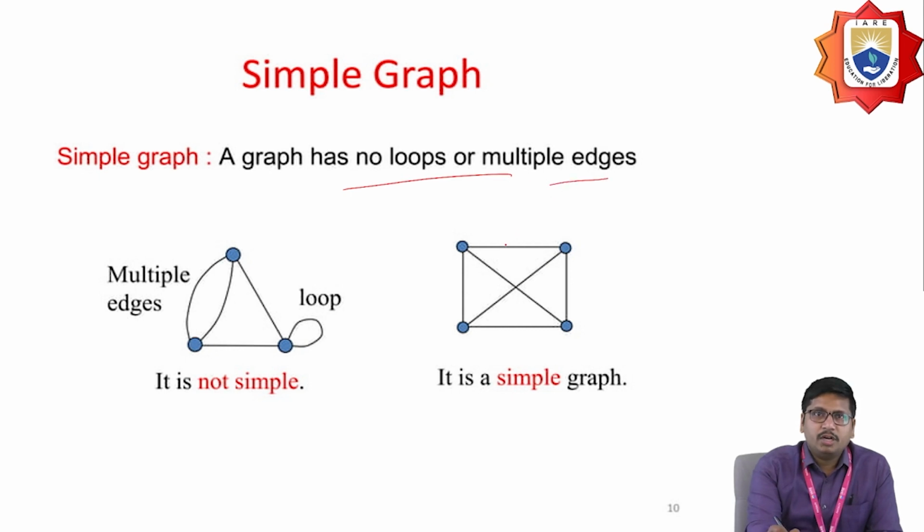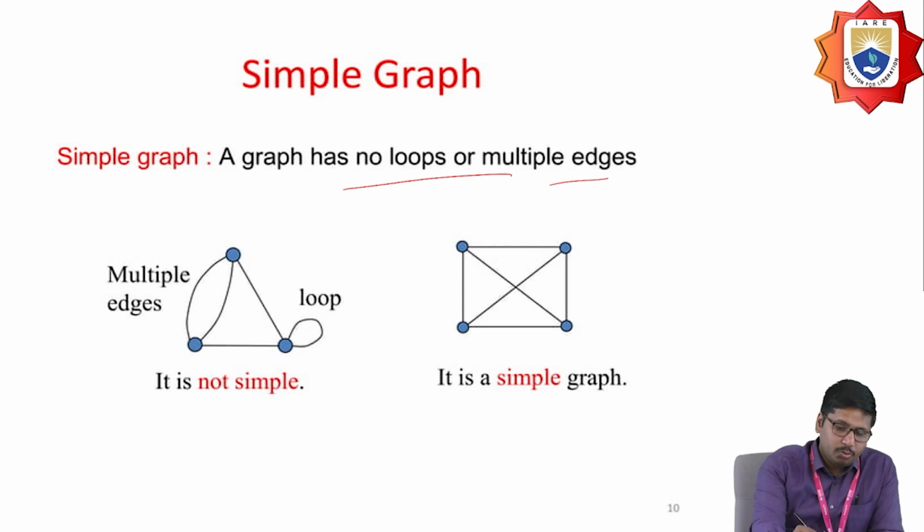If it is not simple, then it has multiple edges or loops. If it is a simple graph, it should not contain any self loops or multiple edges. So a simple graph has no loops and no parallel edges.